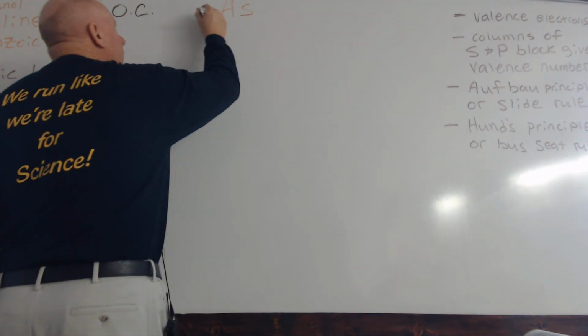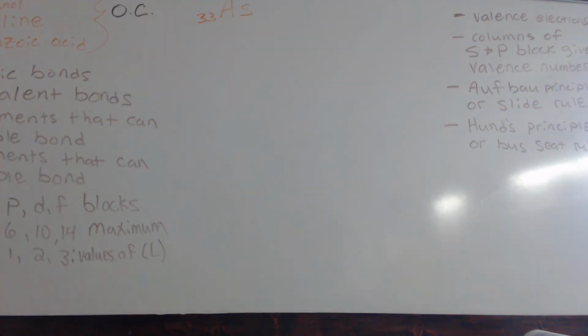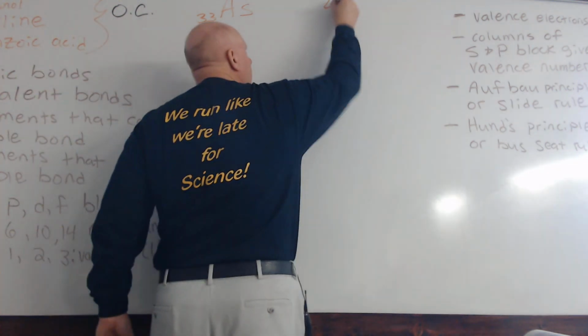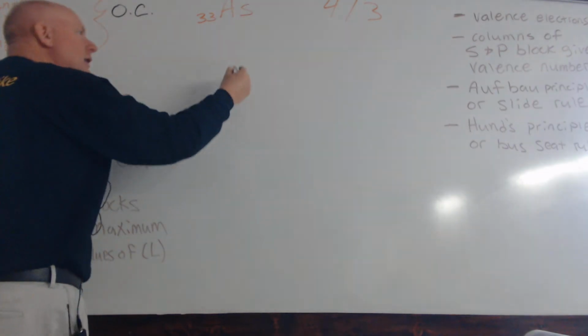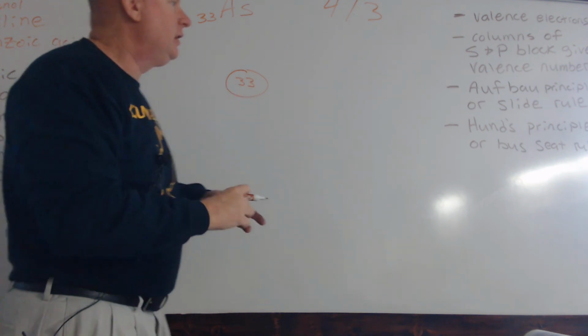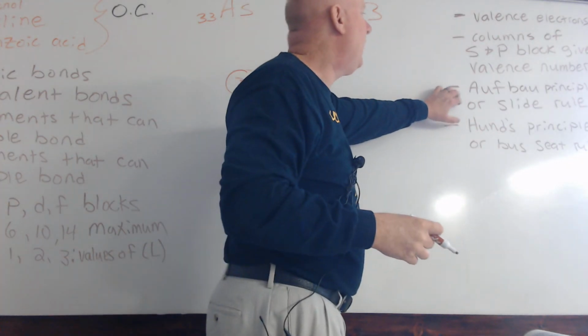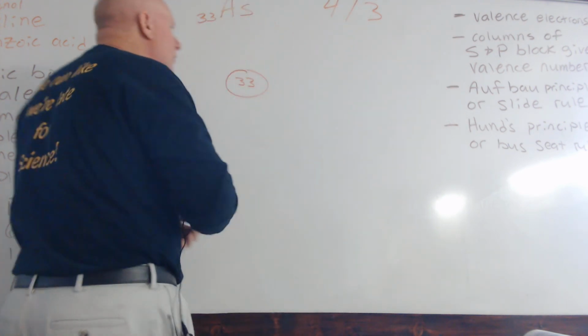So arsenic, number 33, and we already know that it is in the 4th period and the 3rd column of the P block. So we're going to utilize these two numbers, 4 and 3. These two numbers are going to appear again because we put 33 in here, and then following the Aufbau principle or slide rule, you've been using that all along, you just didn't realize you were utilizing it.